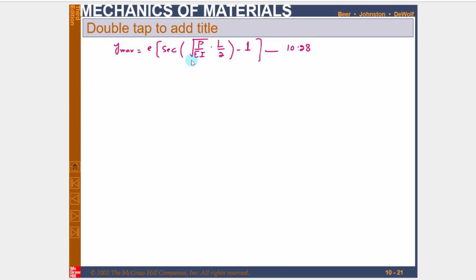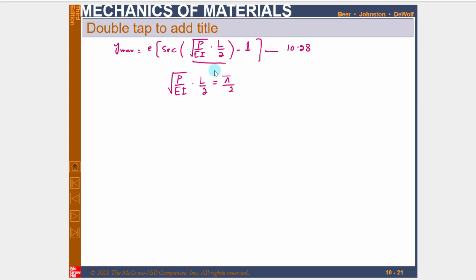You can see that in this expression y max will become infinite when this whole term, theta, that is the square root of P over EI into L by 2, is equal to pi by 2.